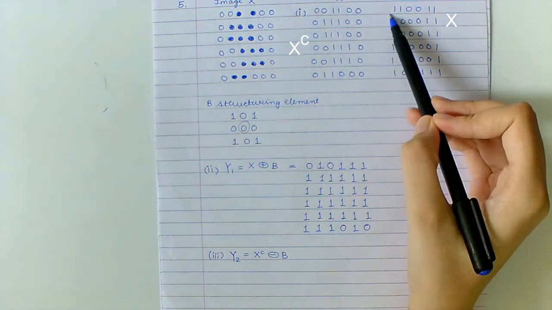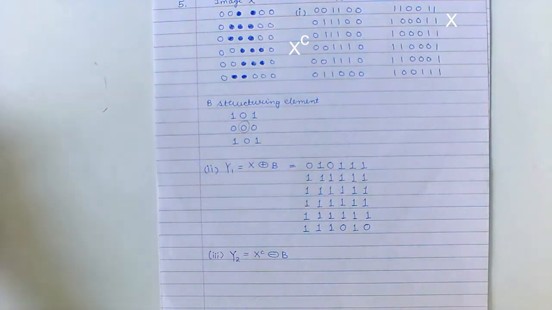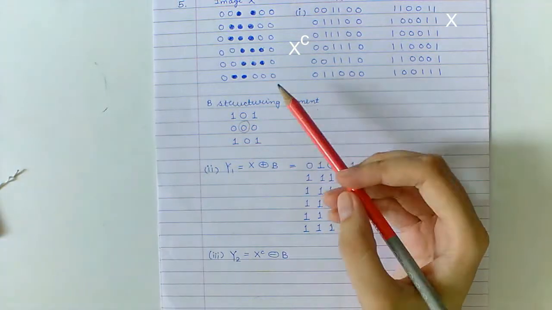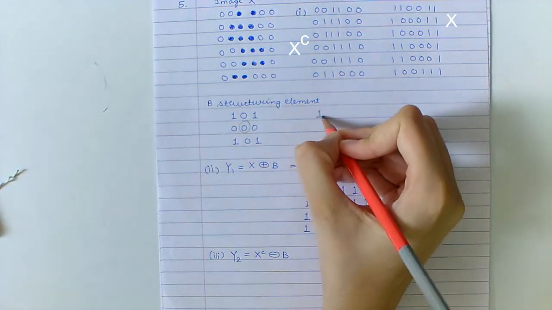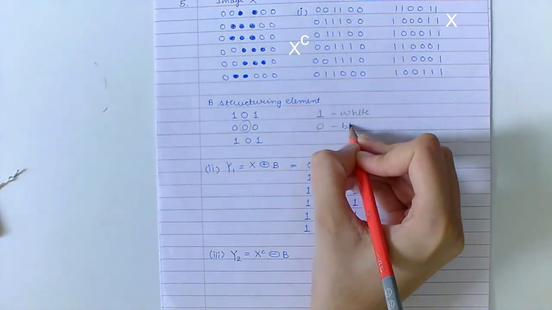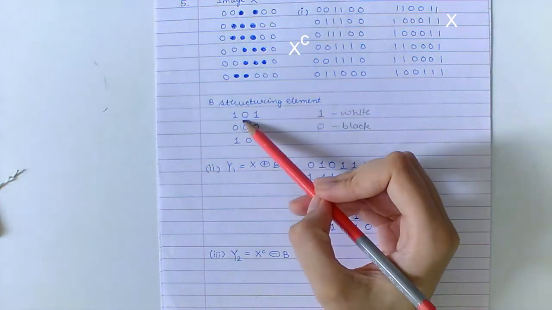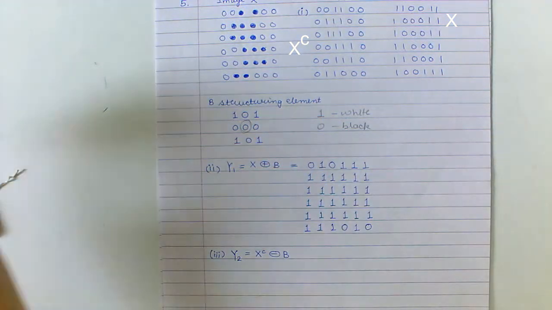Now for the structuring element the same thing applies, that 1 is white and 0 is black. As the origin is not given, we assume that the origin is at the center of the structuring element. So I will take this as the window of the structuring element.